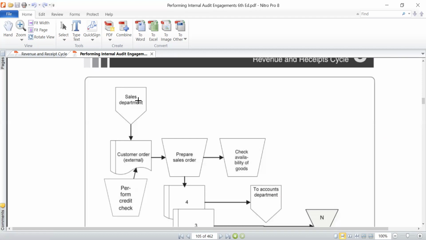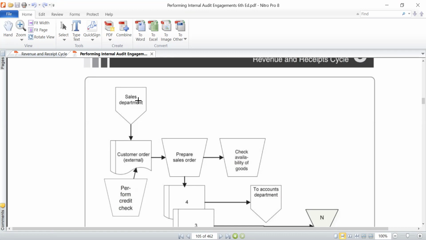So now if you are recording an order in a notebook and you're not using a standardized document, all right, that alone is a weakness. It's inadequate recording, inadequate record keeping, right?